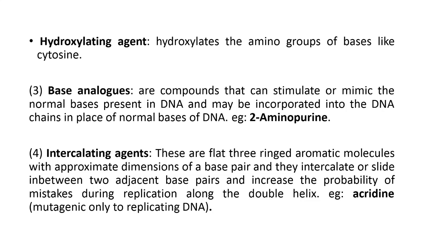And intercalating agents, they are usually flat 3-ringed aromatic molecules with approximate dimensions of a base pair, and therefore they can intercalate or slide in between two adjacent base pairs during replication and increase the probability of mistakes along the double helix. For example, the acridine.